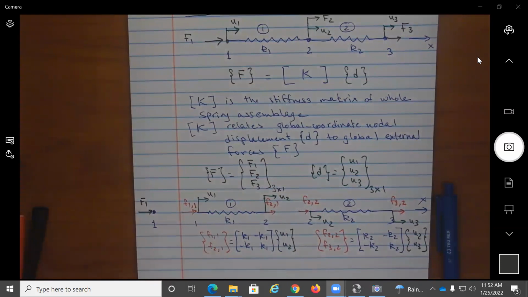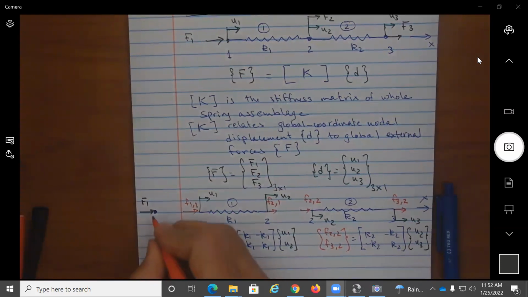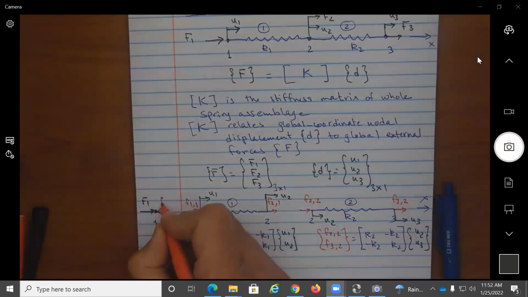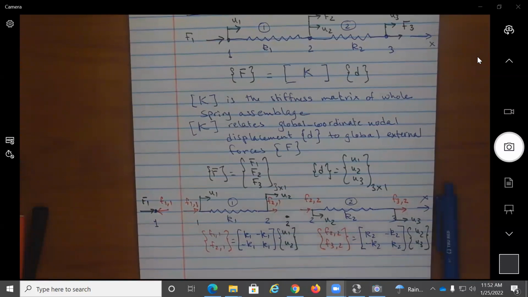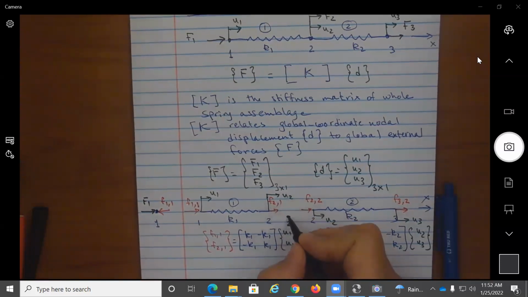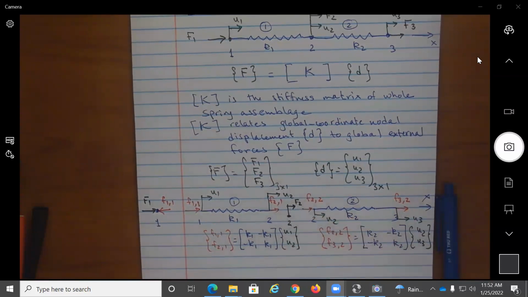So if I look at the internal equilibrium, there must be the opposite of this force acting on node 1. Likewise, if I look here at node 2, node 2 is subject to this external force F2, and F22 opposite and equal, as well as F21 opposite and equal.